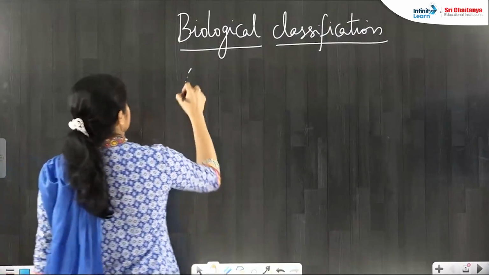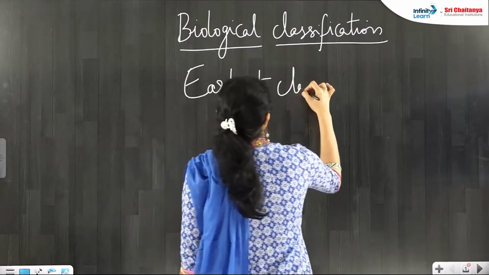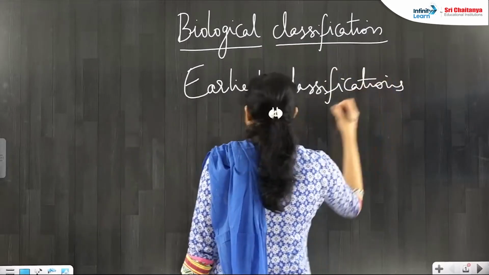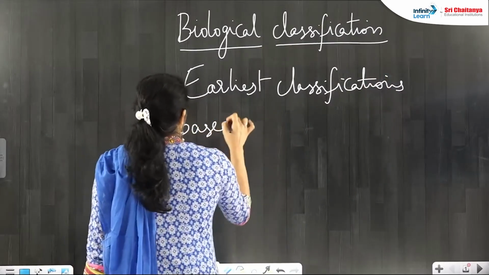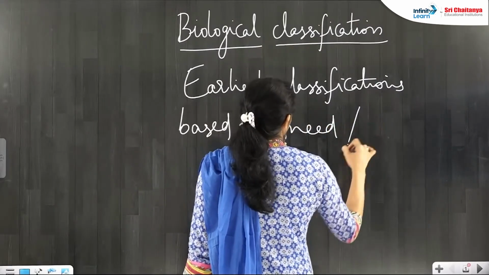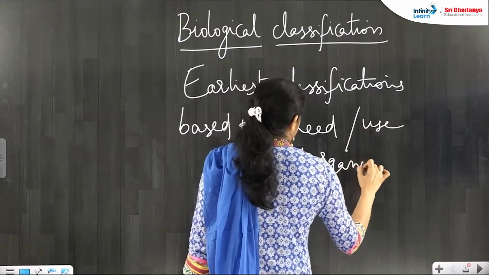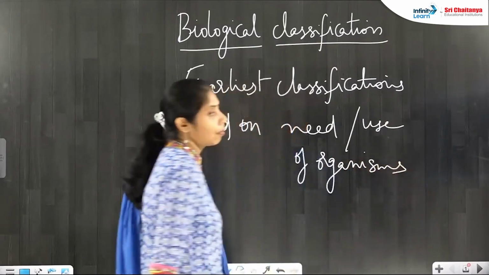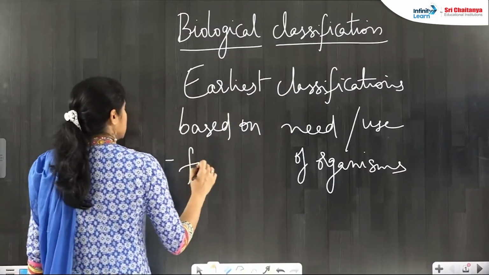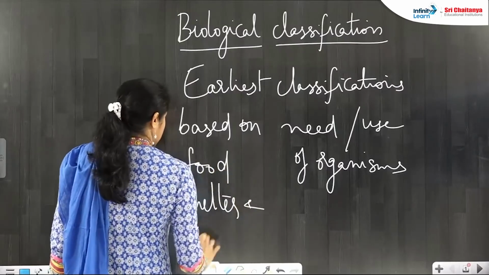So the earliest classifications were based on the need or use of the organisms, based on three points basically: food, shelter and clothing.